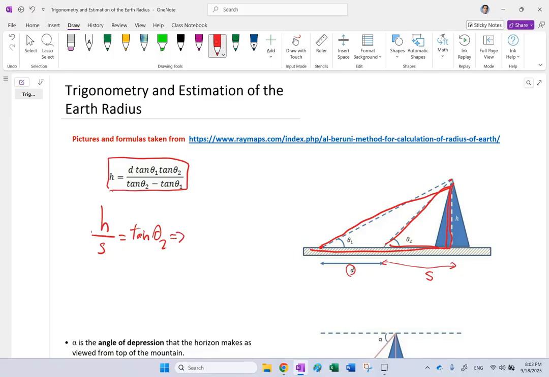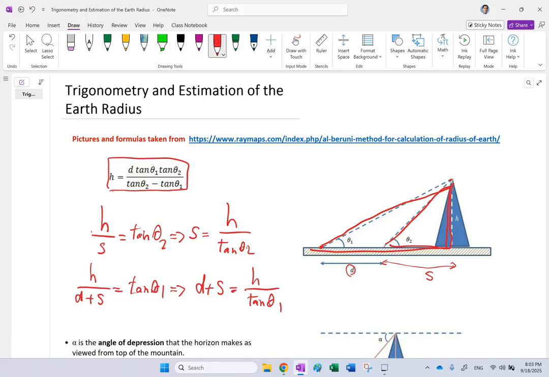So from here, s equals h over tangent of theta 2. If I look at the bigger one, h over d plus s equals tangent of theta 1. So d plus s equals h over tangent of theta 1.